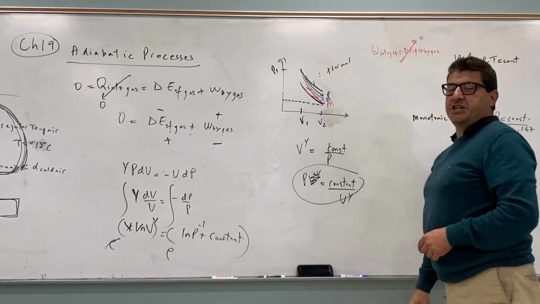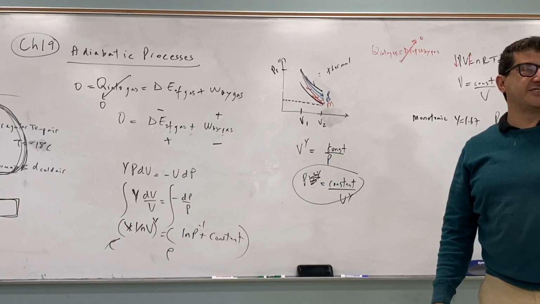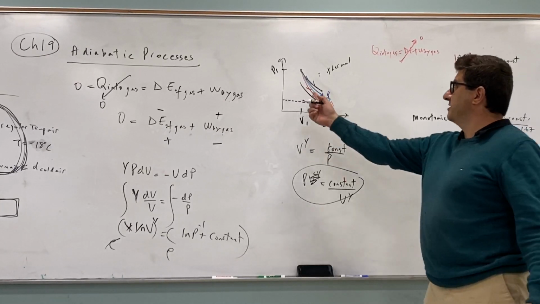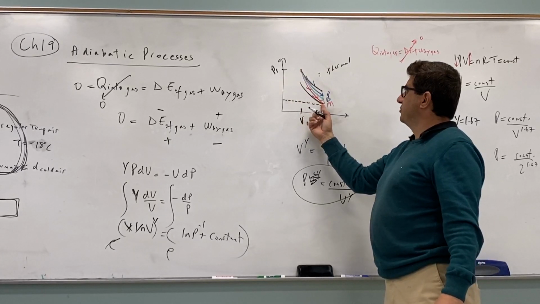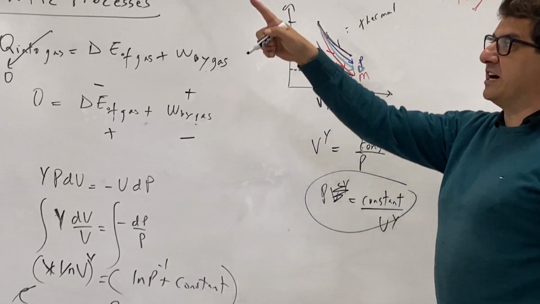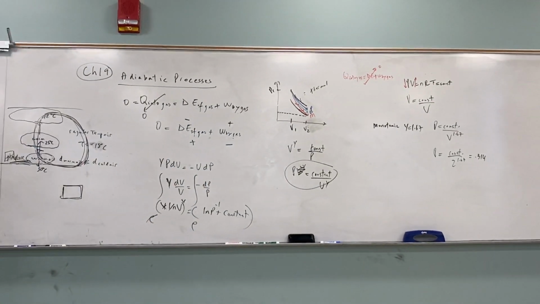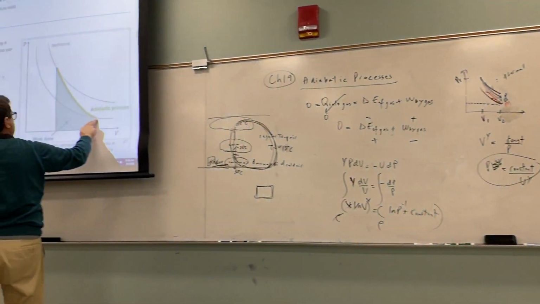So you're basically changing from one isotherm to another isotherm. From your initial temperature, you're dropping to your final temperature. So you're changing isothermal graphs when you're going adiabatically. See, from here down to here.